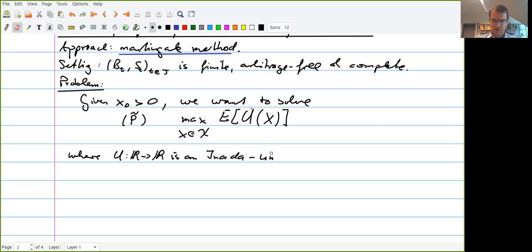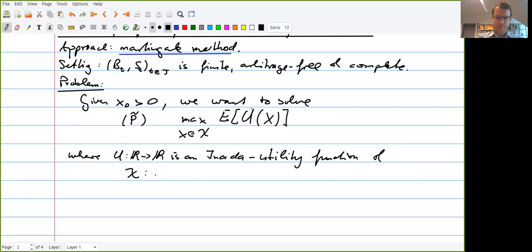This is the class of utility functions we want to pick, which is mainly because this is economically justified and allows us to develop the math rigorously.